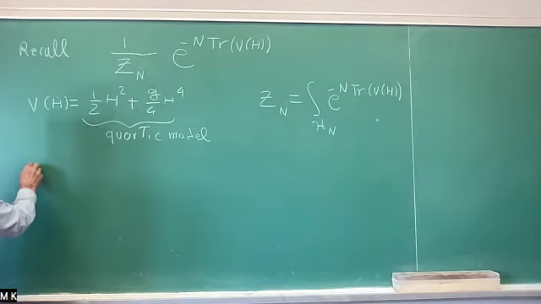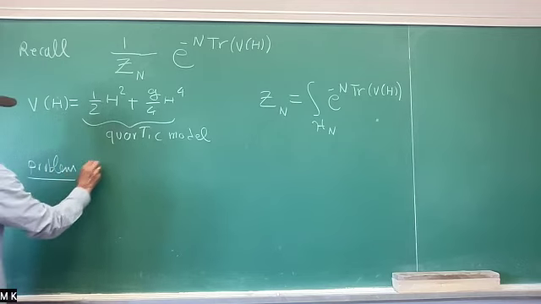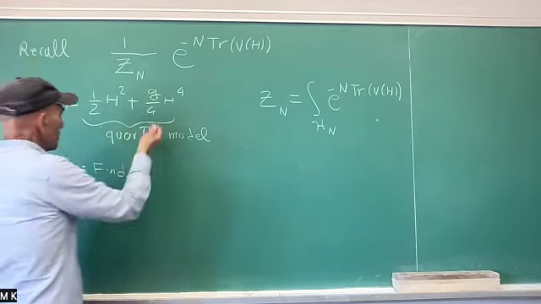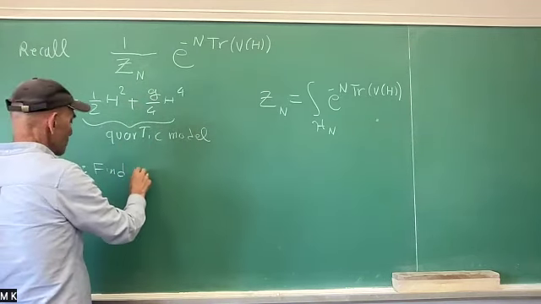So now the problem is to find the large n limit probability distribution.